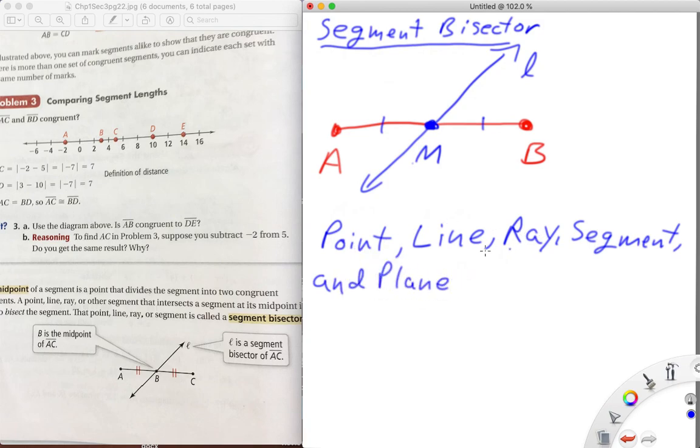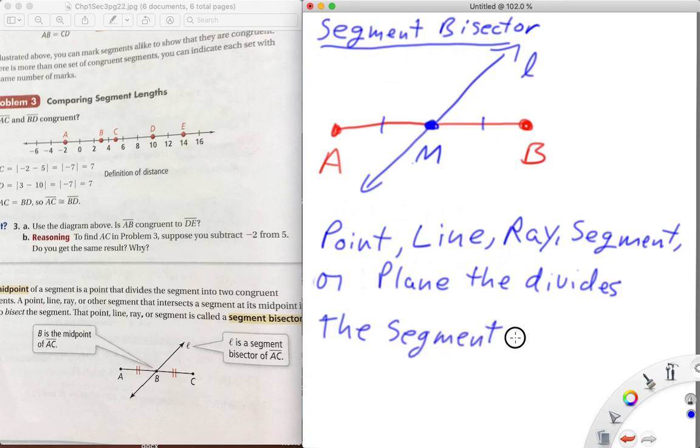So point, line, ray, segment, or plane, that divides the segment in half. That is the segment bisector.